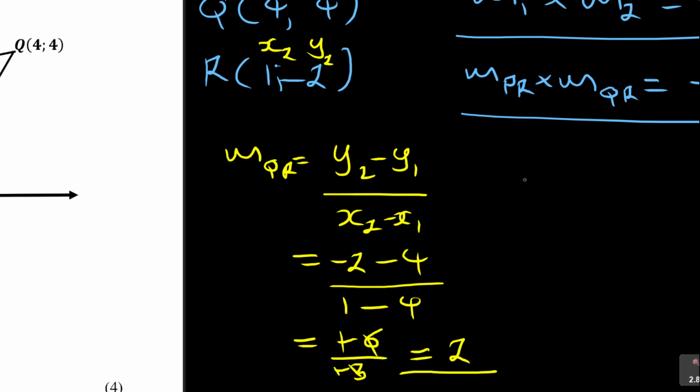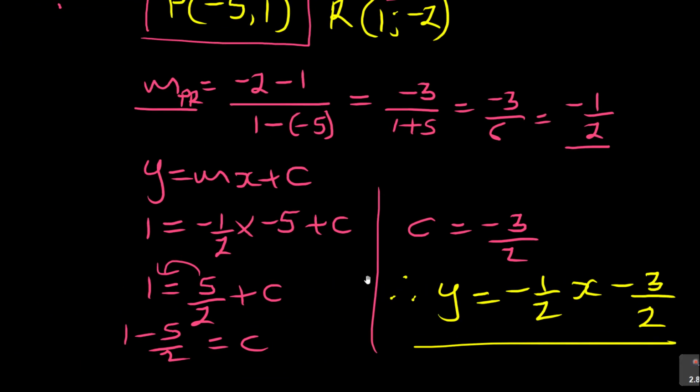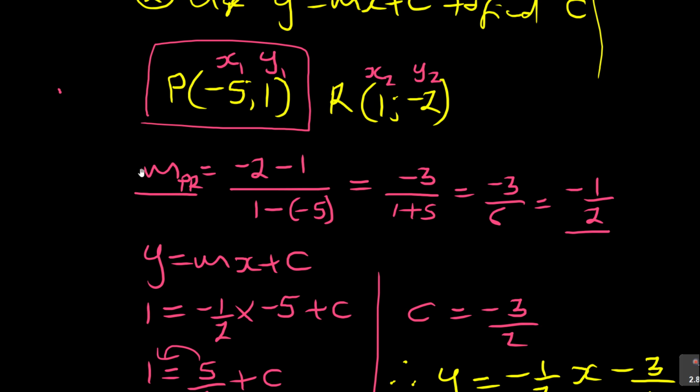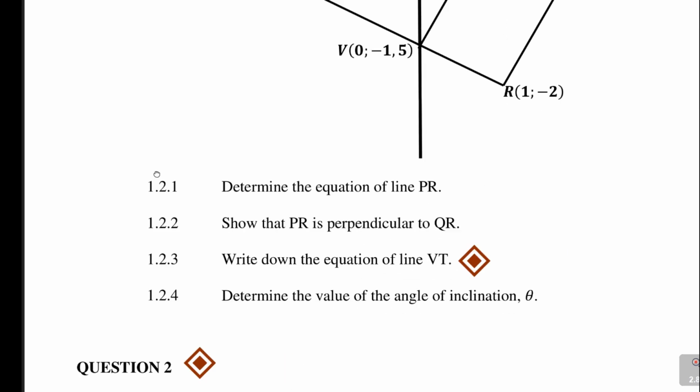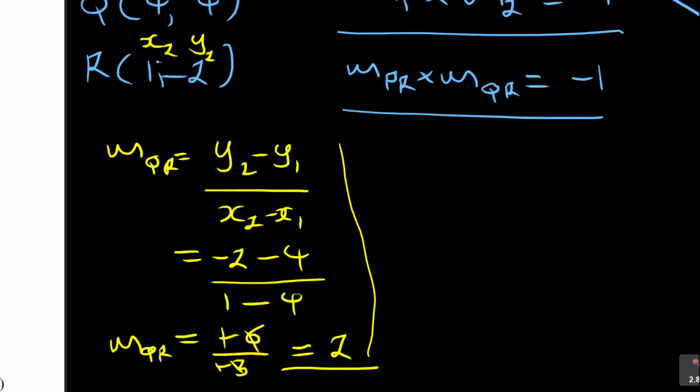So the gradient of QR, m of QR, is 2. Now I can take m of PR, which we already know from the previous line, was equal to -1/2. So m of PR times m of QR is -1/2 times 2, which is equal to -1.